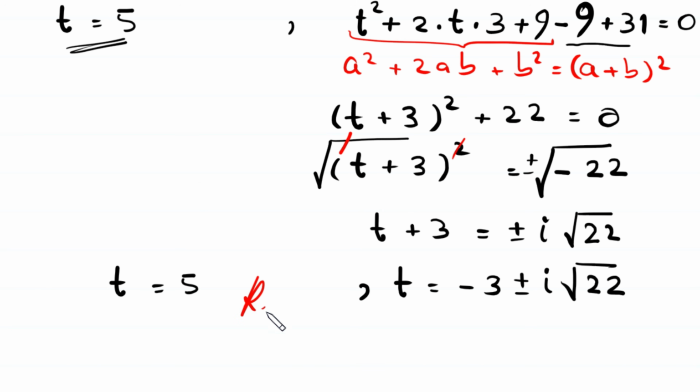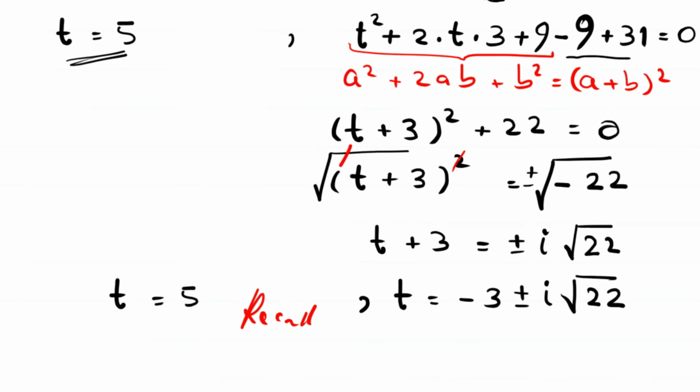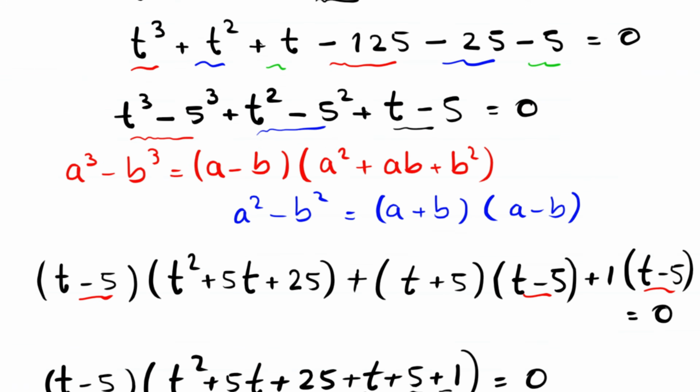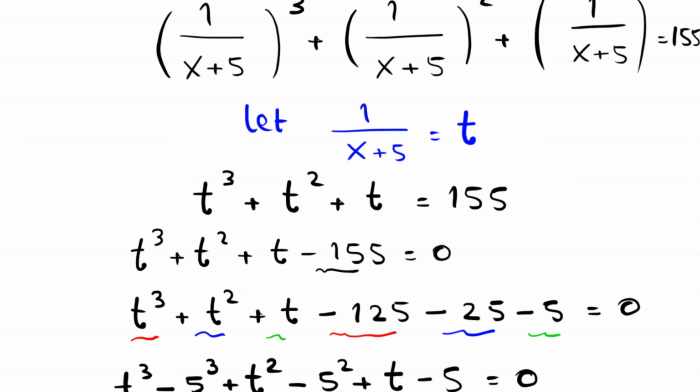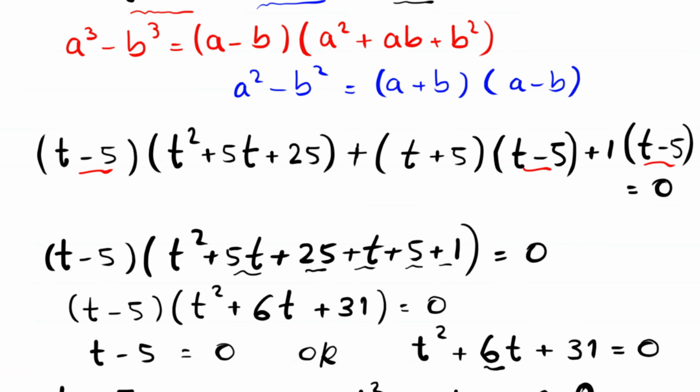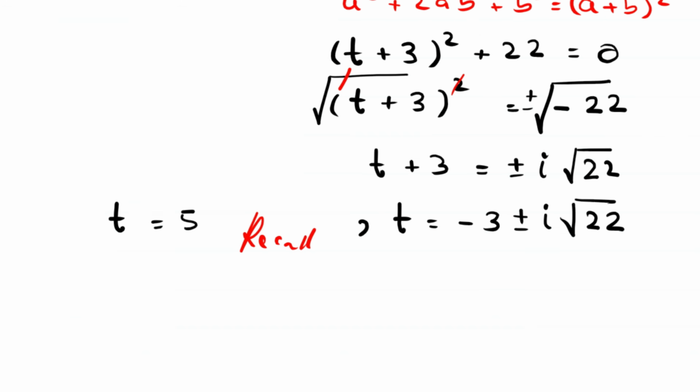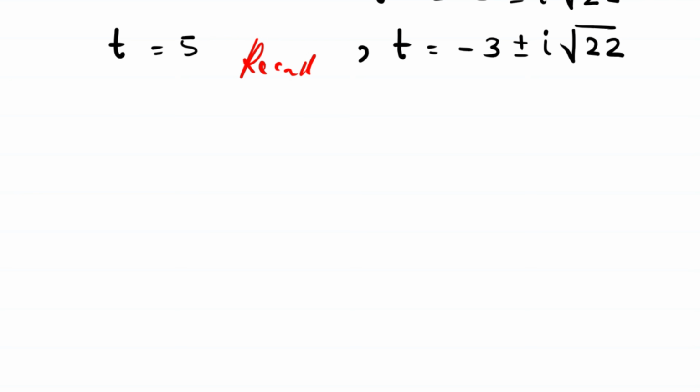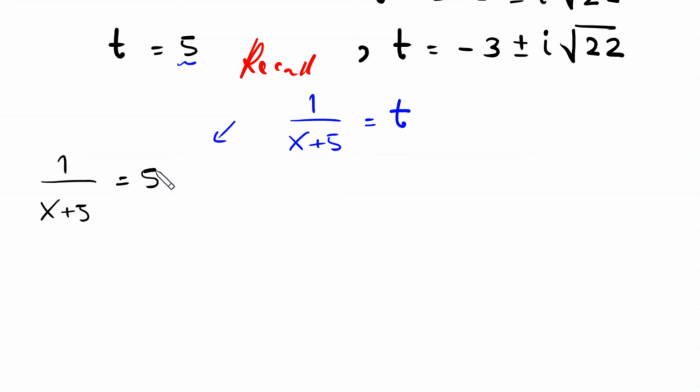Now recall that we have supposed that 1 over (x + 5) equals t. When t is 5, this becomes 1 over (x + 5) = 5.